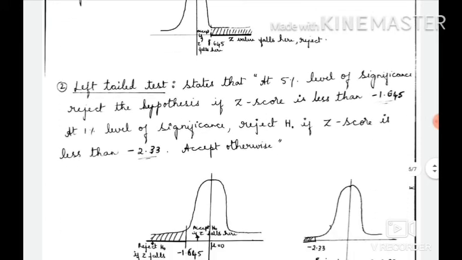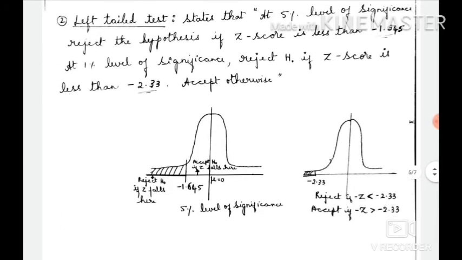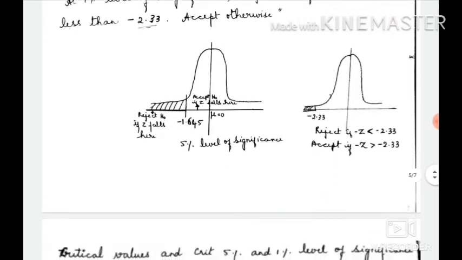In the case of a left-tailed test, at 5% level of significance, if the calculated value of z, or the z-score, is less than minus 1.645, z falls in the critical region, then reject the hypothesis, otherwise accept. In the case of 99% confidence, if the z-score is less than minus 2.33, we reject the hypothesis, otherwise we accept it.